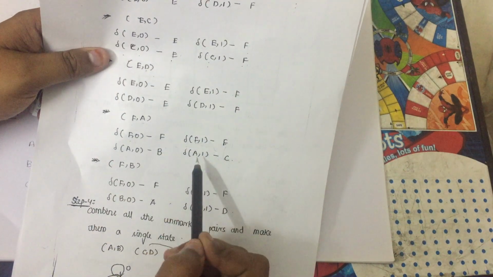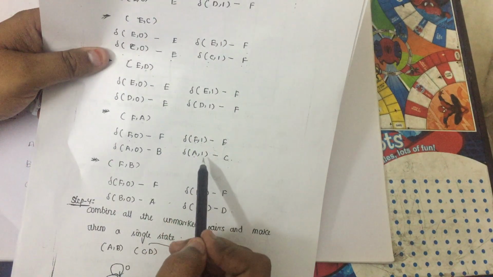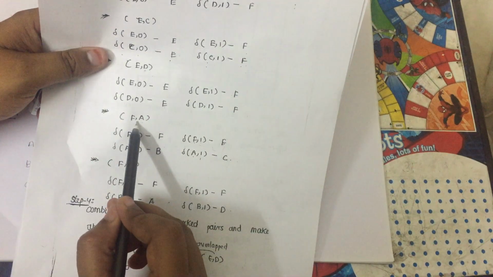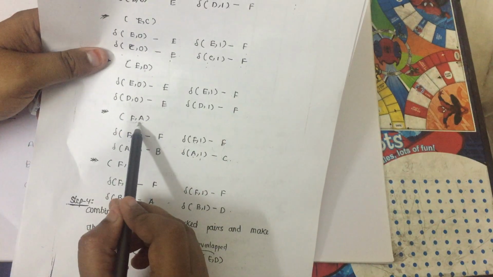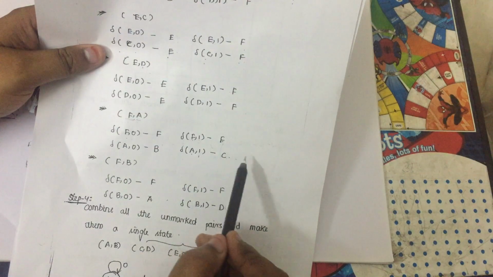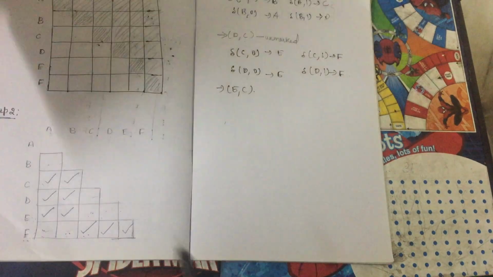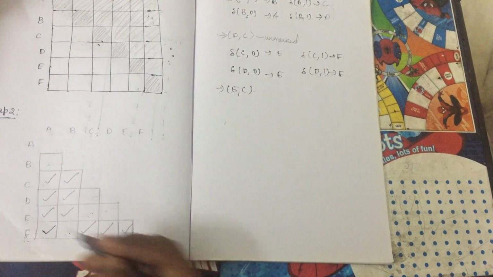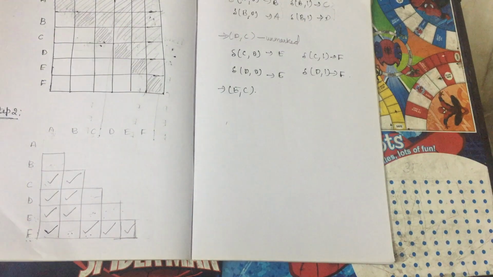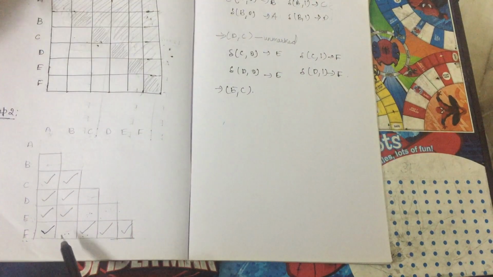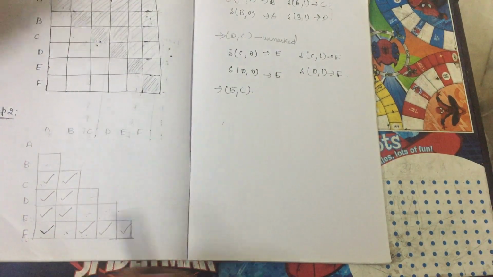For the pair F and A under the input symbol 1. So we need to mark the pair FA. Already F and C is marked. As this is marked, we need to now mark the unmarked pair F and A. So just mark this.